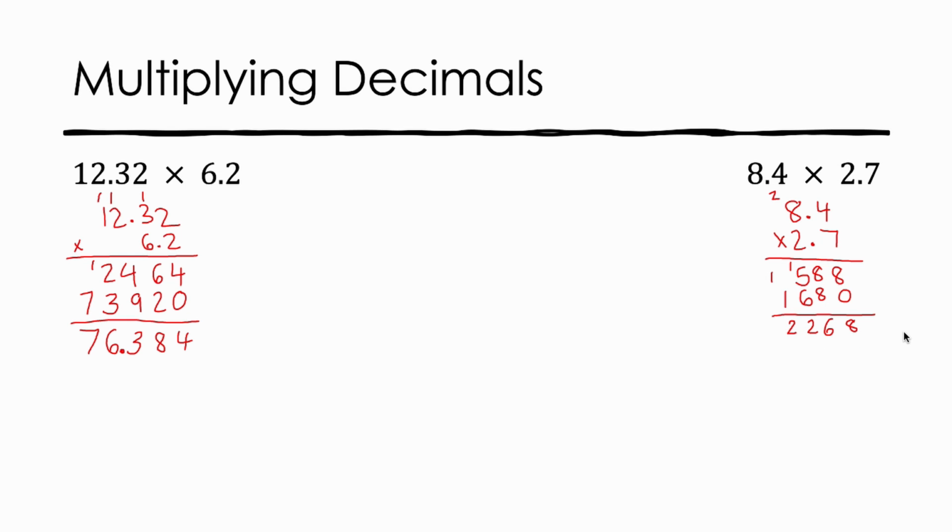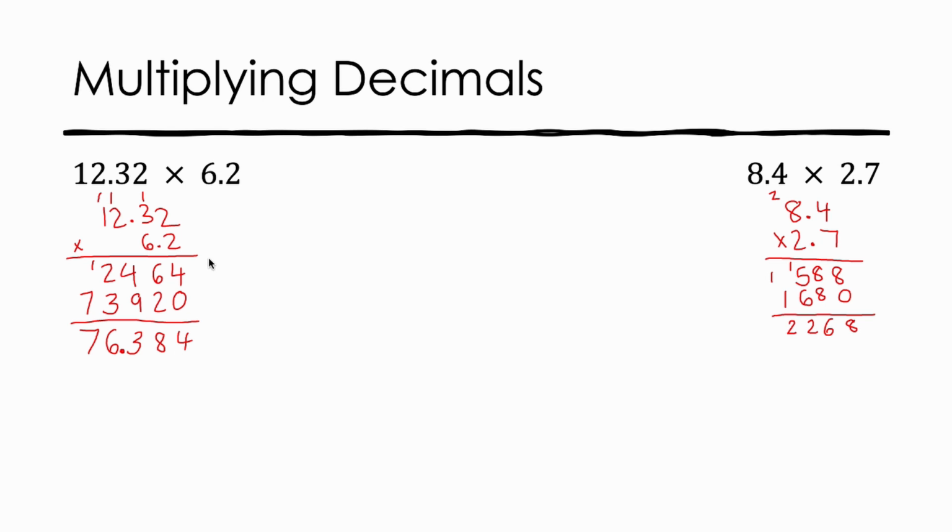And so we have 2,268. But we know that's not our final answer, because if we do our estimate, 8.4 can be rounded down to 8, and 2.7 can be rounded up to 3. So since 8 times 3 is 24, our answer is going to be around 24. So again, let me know in the comments below where you think the decimal point goes.